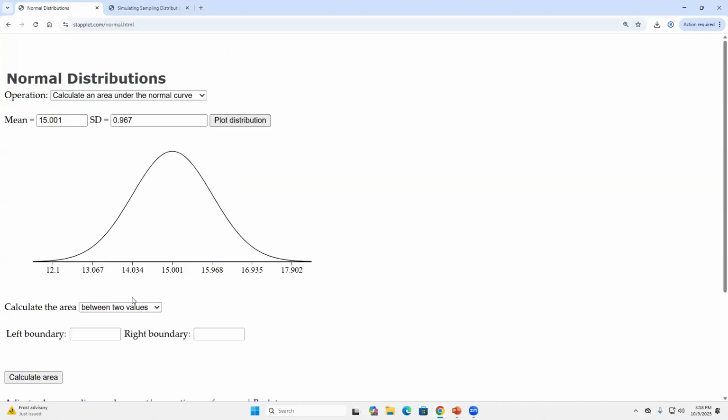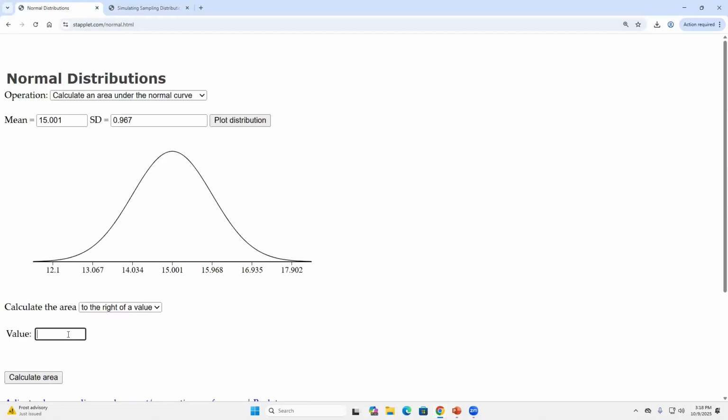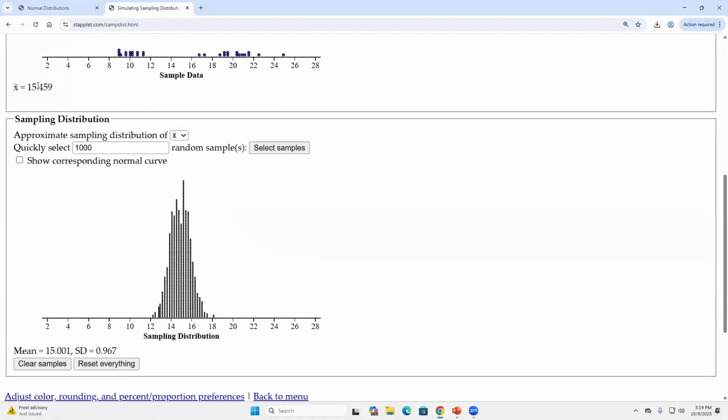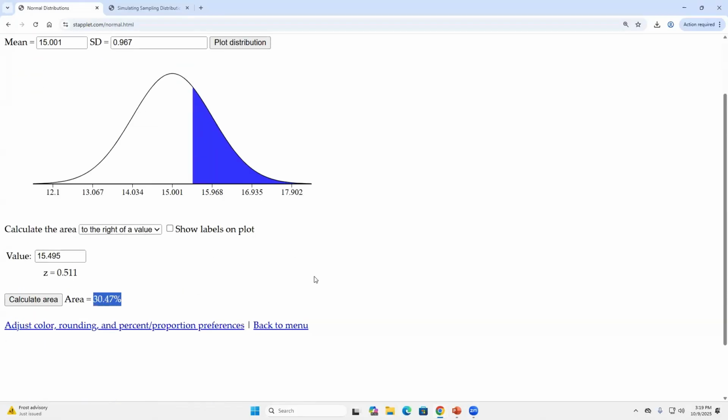And I can plot my distribution, and I can say, well, how unlikely was this? Values to the right of a value, 15.495 for the sample mean, calculate that area. And now I know that this sample mean, getting something that high or higher, you have a probability of 30%. It's not that unlikely.